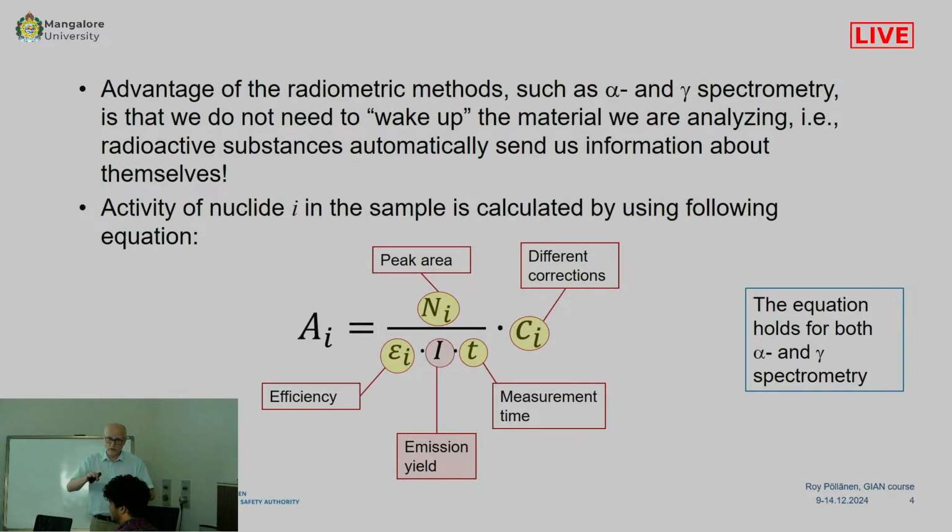We will consider these parts later. We have to know the nuclear data. And we have to know the measurement time. There are, of course, some corrections, but just now I will neglect these corrections. This is, in fact, a very simple, not very complicated equation.